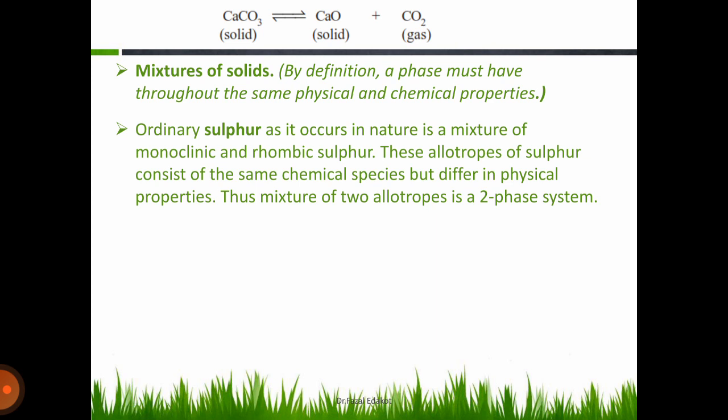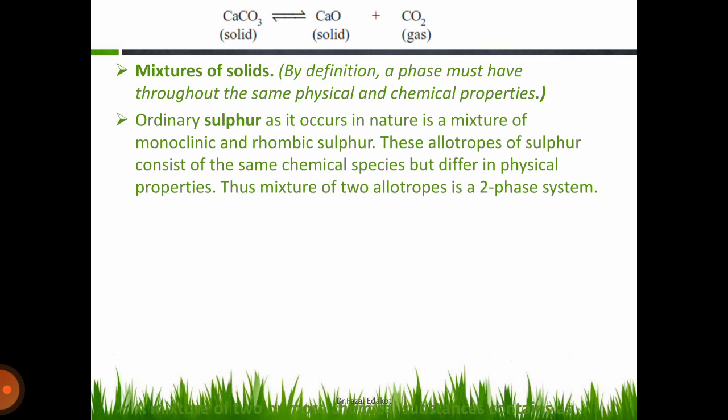Different physical properties, if you wanted to understand, imagine graphite and diamond. So they are chemically same but physically different. You could imagine the strength of the diamond and graphite. Diamond is one of the strongest substances ever known occurring in nature. Thus, the mixture of two allotropes is two phases.